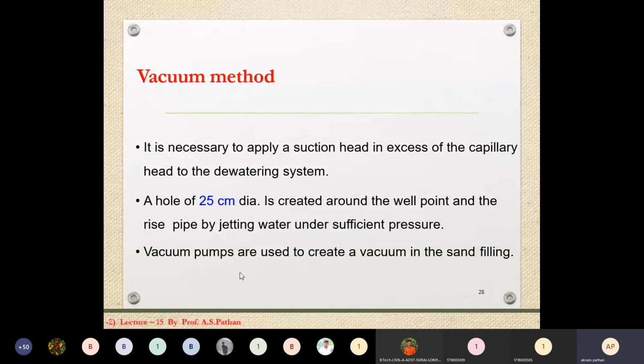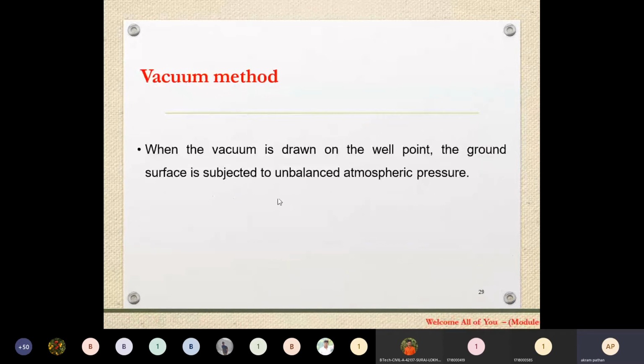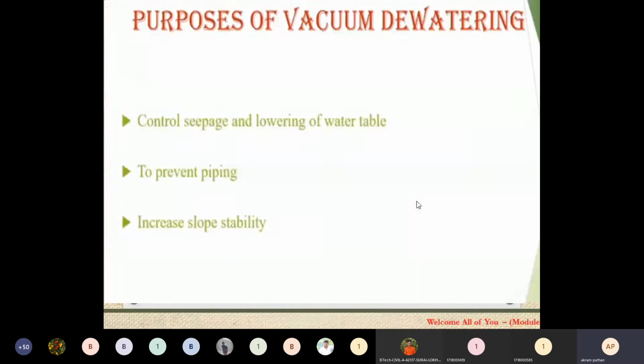So with the help of the vacuum pump we create a vacuum. Then when the vacuum is drawn on the well point, the ground surface is subjected to unbalanced atmospheric pressure. What is the purpose of this vacuum dewatering? Control seepage and lowering of the water table to prevent piping and increase slope stability. So these are the purposes behind vacuum dewatering.